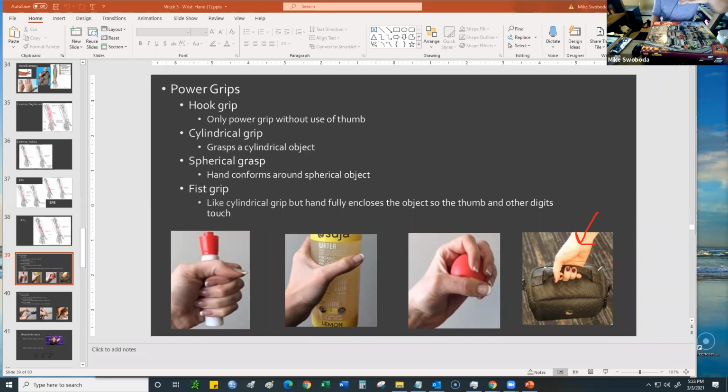And again, imagine this is taller. So no, I'm not. So whenever I'm lifting anything, especially packages, primarily you have to use a hook grip. There's no way for your thumb to get involved with it. So that's where you'll see hook grip happen.